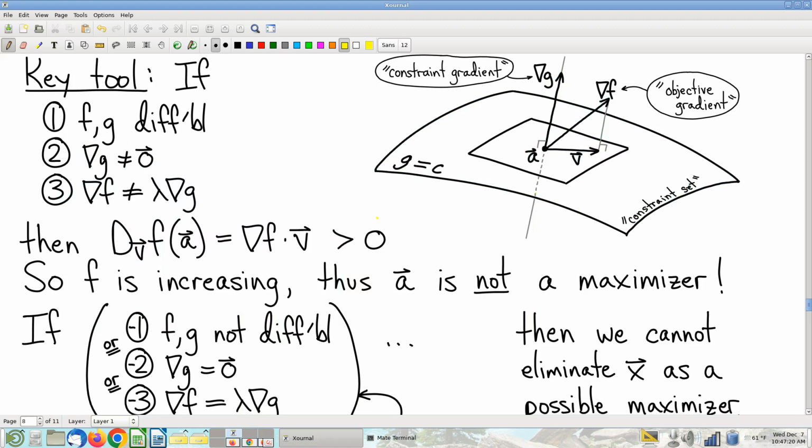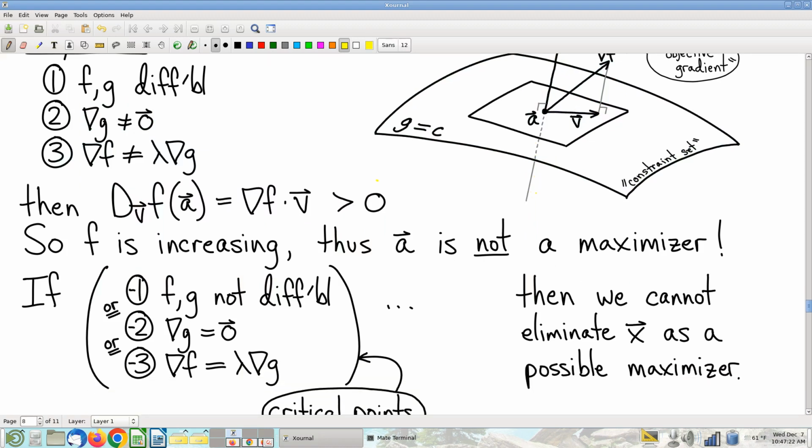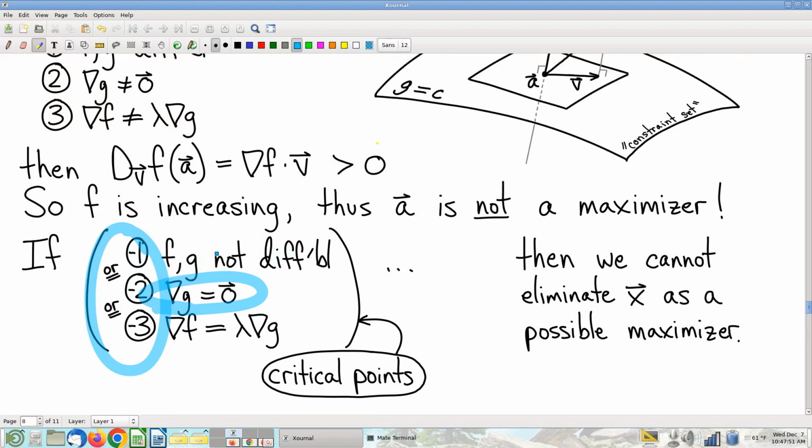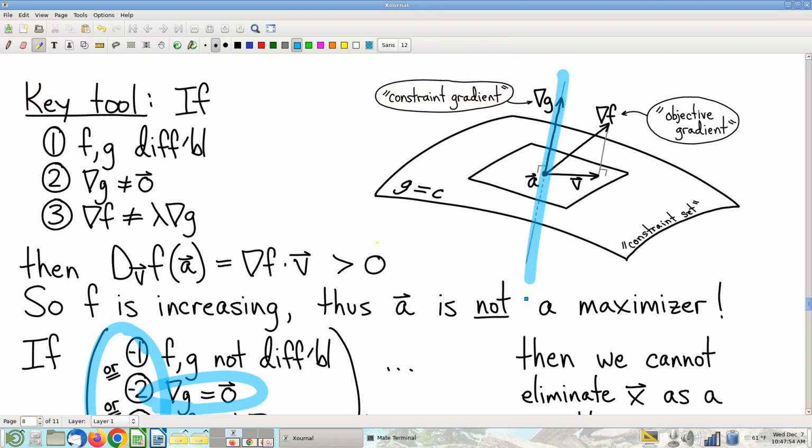And again, this happens most of the time. So we've just eliminated most of the points in our constraint. We're practically done. All we have to do is identify what we haven't eliminated, and then deal with them later. And the ones we haven't eliminated are points where, as usual, one of those conditions fails. So one or the other of the functions fails to be differentiable. That's a problem. That's going to be a critical point. If the constraint gradient is zero, well, I needed it to be non-zero to define that direction. So, problem.